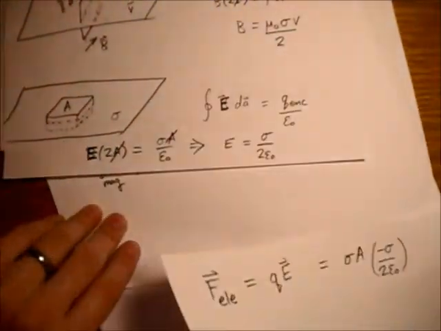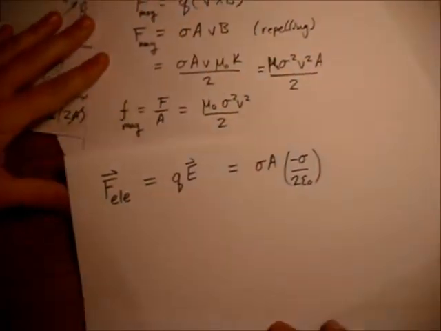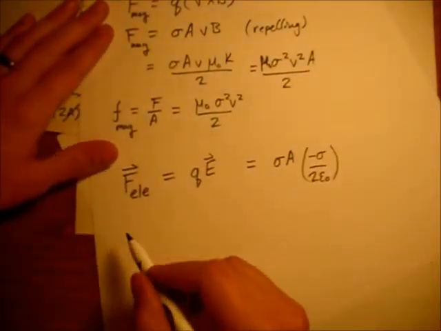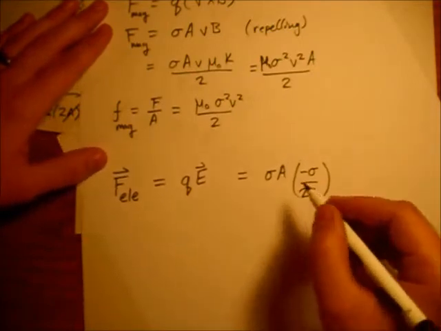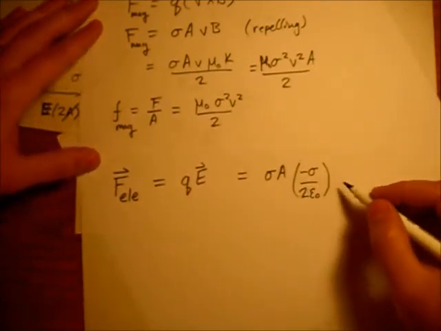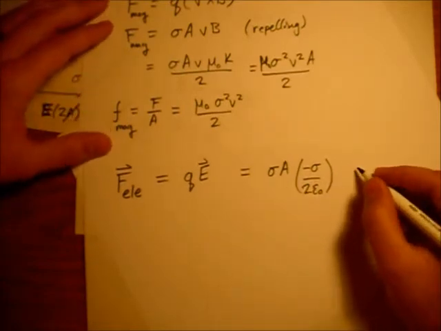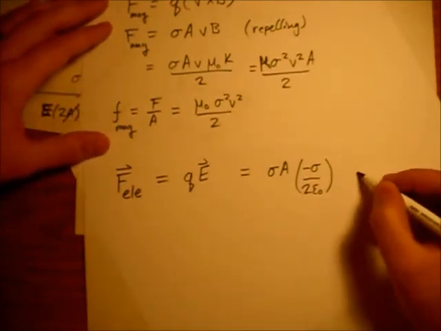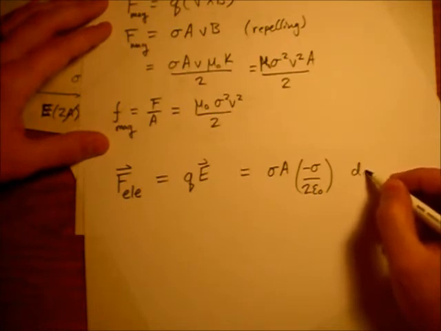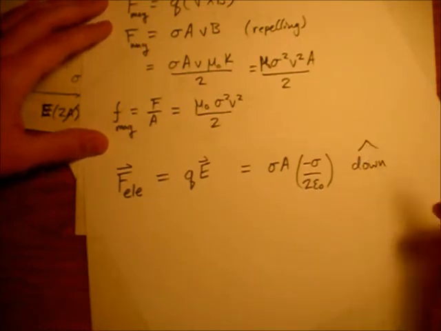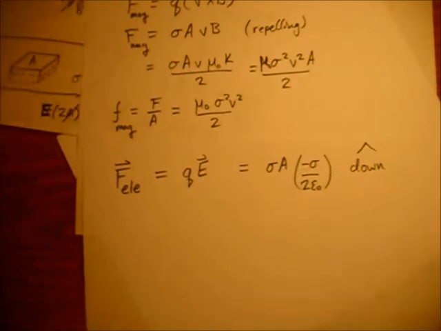Okay, so comparing this to our magnetic version, let's go ahead and see what the direction of this will be. Well, it's attractive, right? So I'm just going to write down, and just to be cute, let's put a hat on top of that, so it's just the down vector.